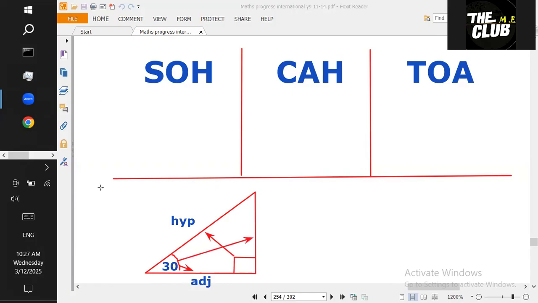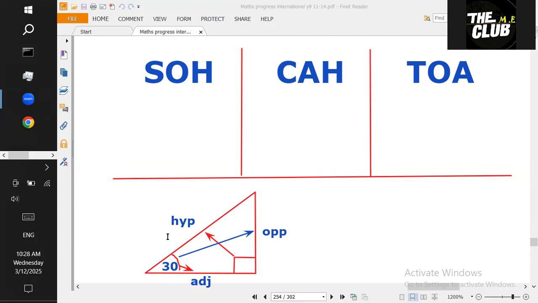It's called the opposite. So basically, we have three lines in a right angle triangle. The one opposite to the right angle is called the hypotenuse. And then if we're working on this angle, the line next to it is called the adjacent, and the line opposite to it is called the opposite.